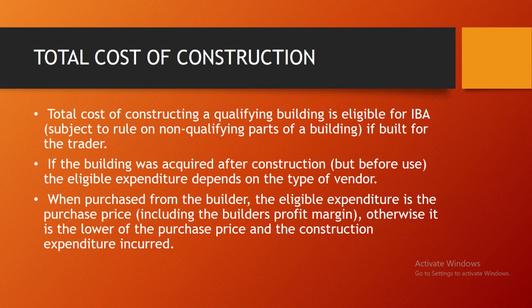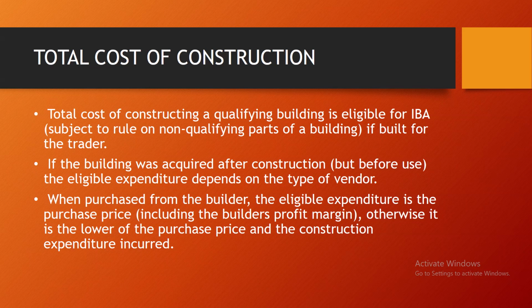Yes, sir. Back to business. We are talking about total cost of construction. The total cost of constructing a qualifying building is eligible for industrial building allowance, not forgetting that this is subject to the rule on non-qualifying parts of a building.